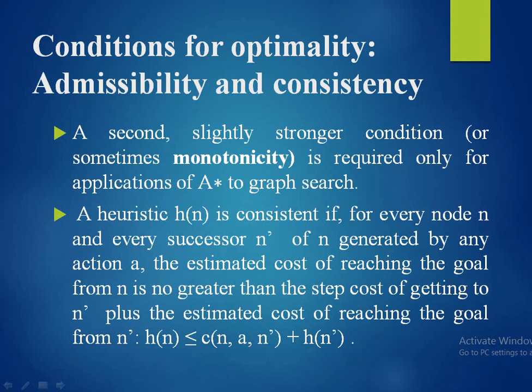So what is a here? a is the action generated. n is nothing but the generated node and n dash is the successor. So here we can say h of n should be less than or equal to c of n comma a comma n dash plus h of n dash.